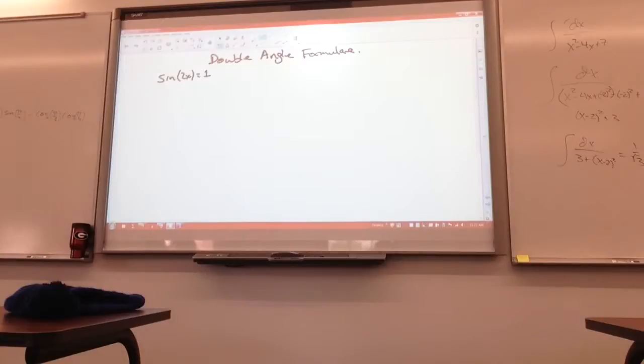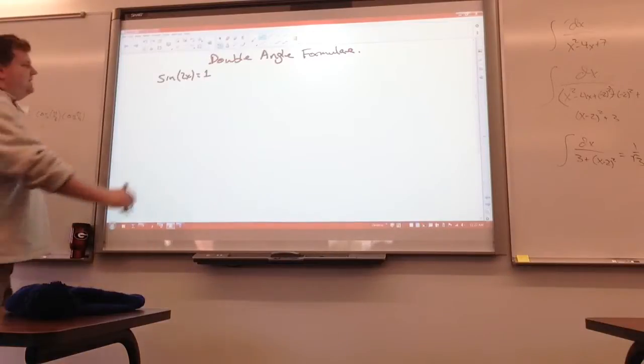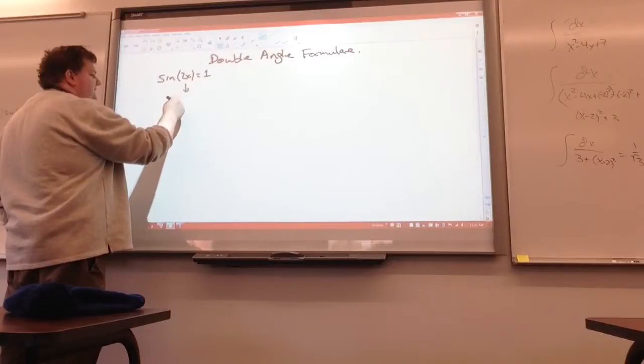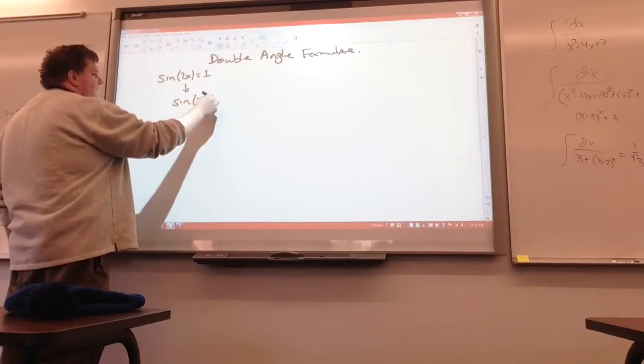Anyone have any idea of how I would do that? How else can I write 2x? How about the sine of x plus x? What's x plus x? 2x. So I can rewrite this as the sine of x plus x.